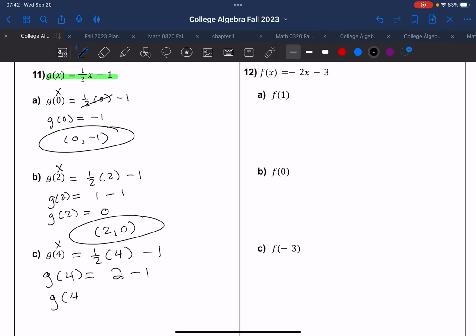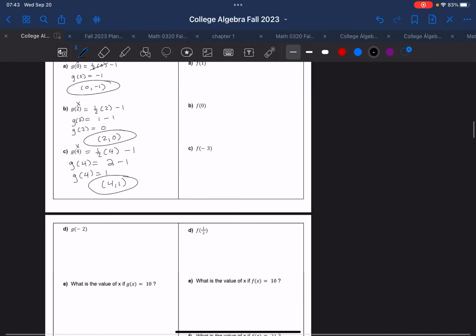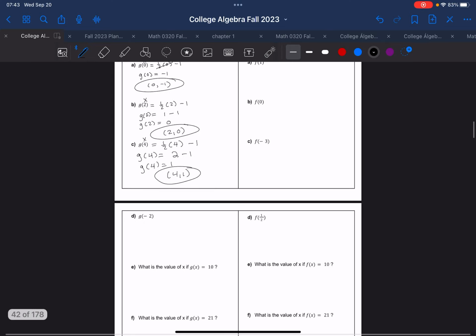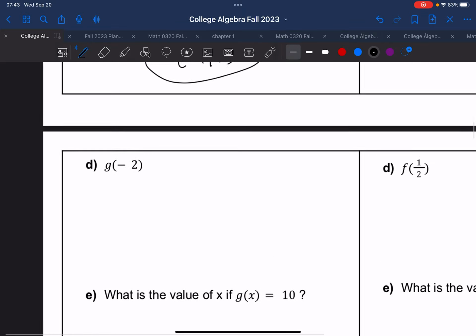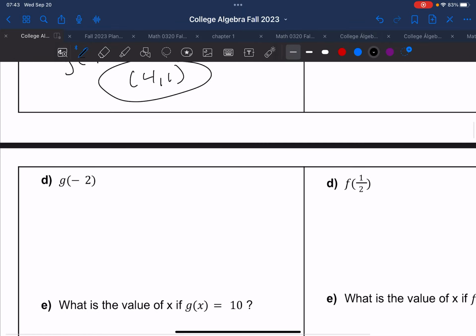Good, so I have g of 4 equals 1, which is what point? (4, 1). Okay. We're just finishing off 11, and then we'll do the rest next time.